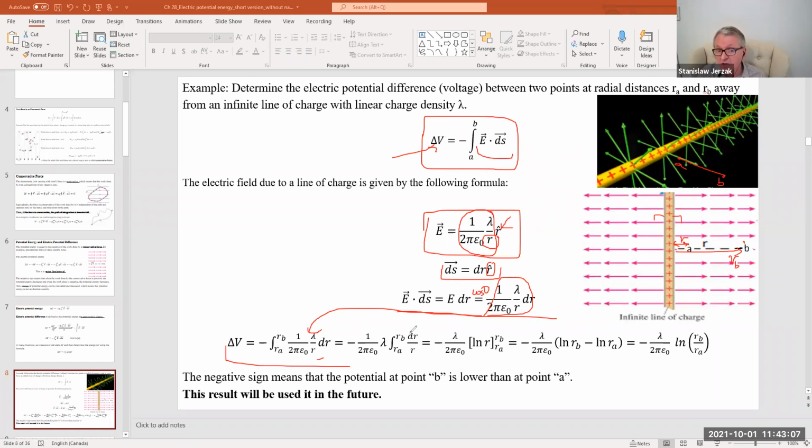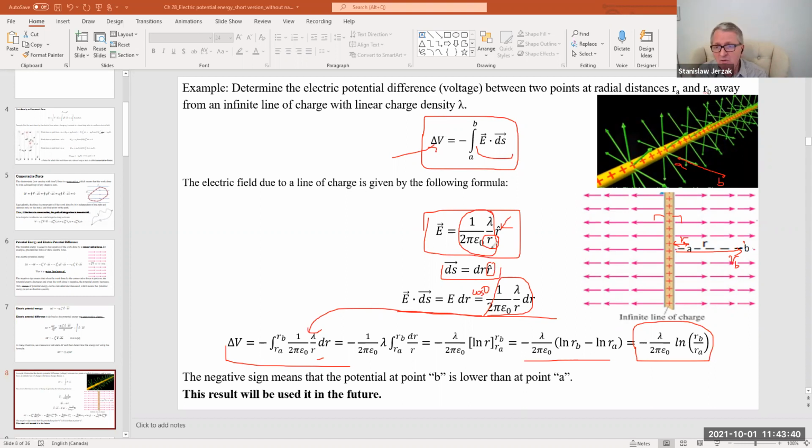Then you have to substitute the upper limit, and then minus ln of the lower limit. I combine these two logarithms: ln of rb minus ln of ra is ln of rb divided by ra. This is now the general expression of the potential difference, or voltage, between two points A and B in the field produced by the line of charge.